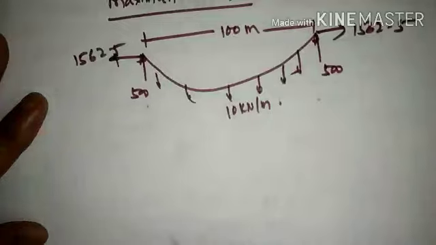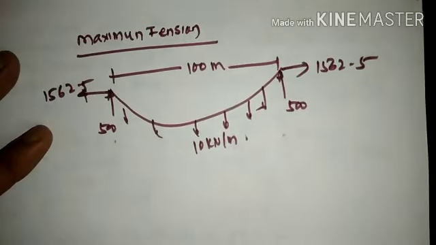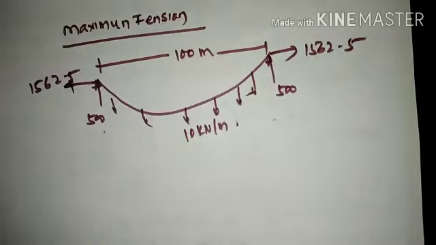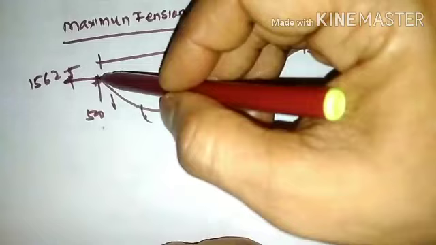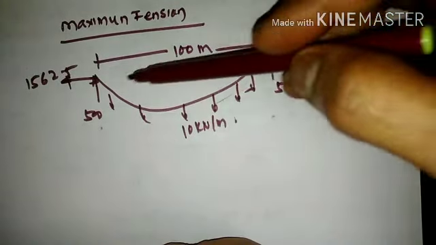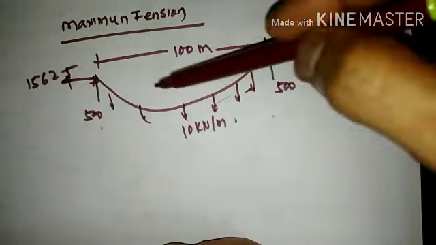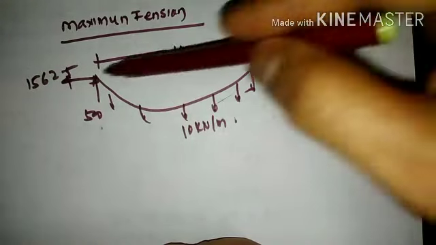Now maximum force or maximum tension will be at the position where maximum force is associated. Here the maximum force is at the support location, because anywhere along the length of the cable, the total weight of the cable is borne by the support.